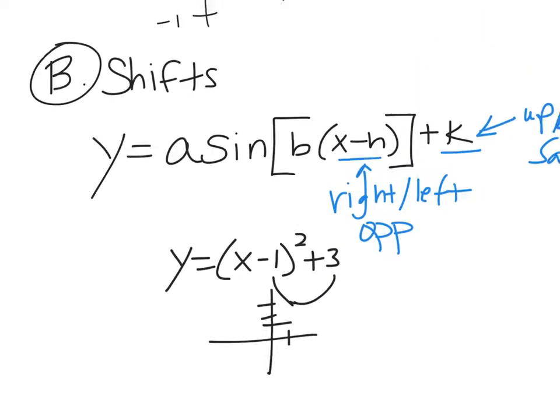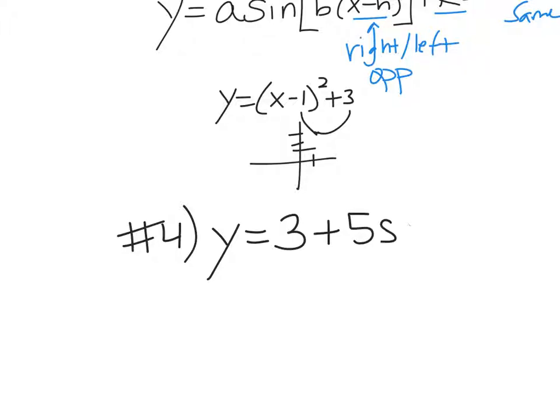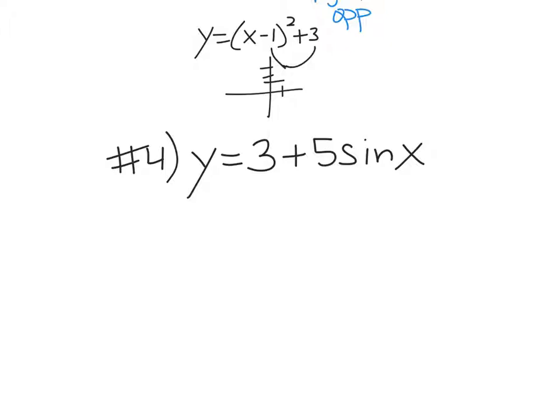So here we go. What are we on? Number 4. Let's take our time on it. Let's do it in parts. Y equals 3 plus 5 sine of x.